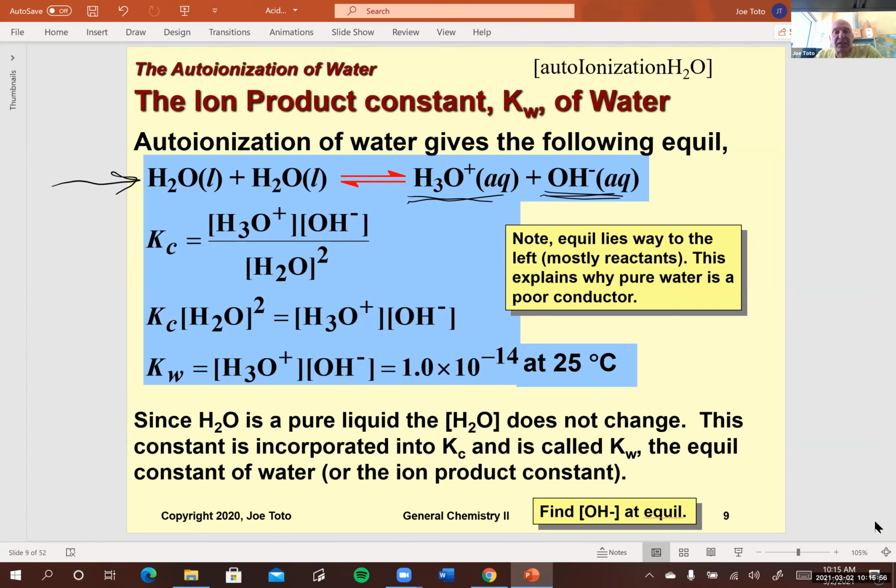Now, you can drink water, you can swim in it, and so forth. So what does that indicate to you about the concentration of H3O plus and OH minus? Is it big or small? Very small. Yeah, it's going to be very small. So what does that tell you about the K for this reaction?